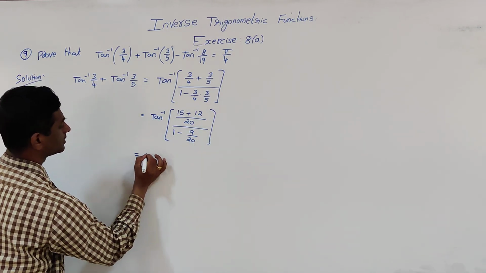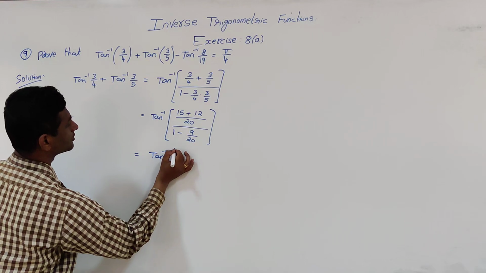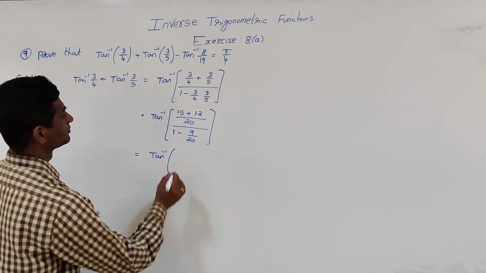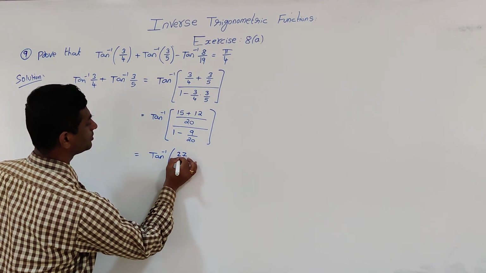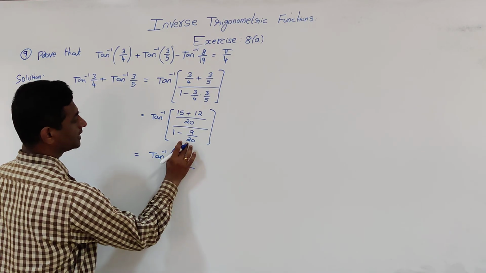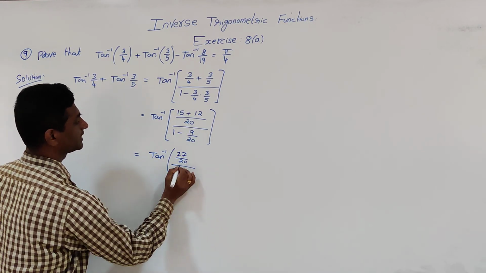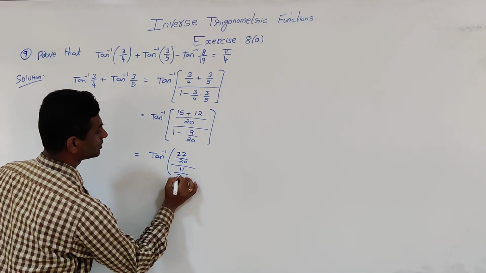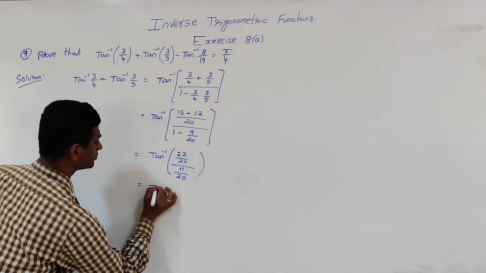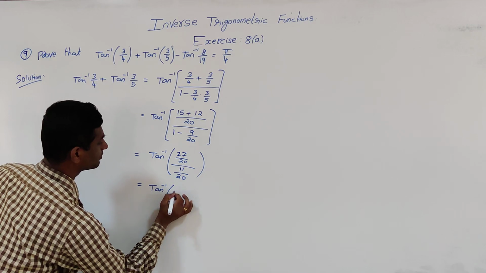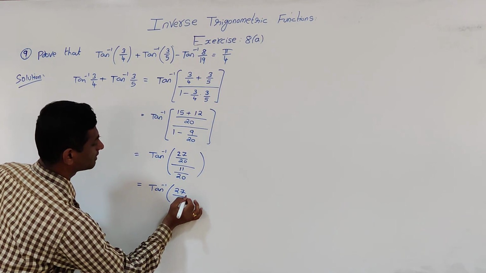So it will be tan inverse of 27 by 20 by, again LCM is 20, so it will be 20 minus 9, 11 by 20. So which gives tan inverse of 27 by 11.